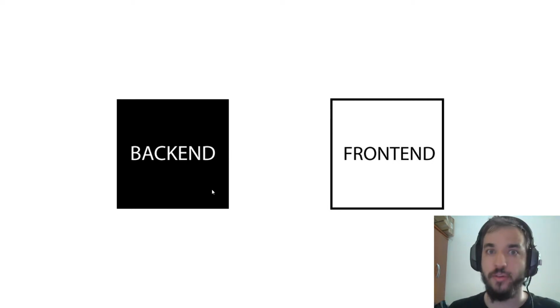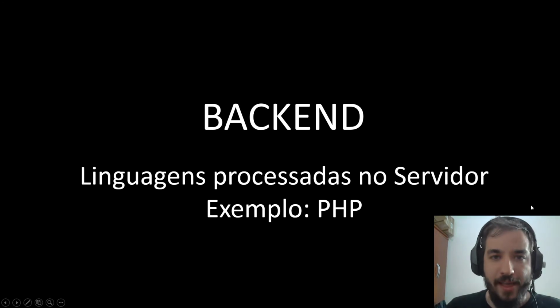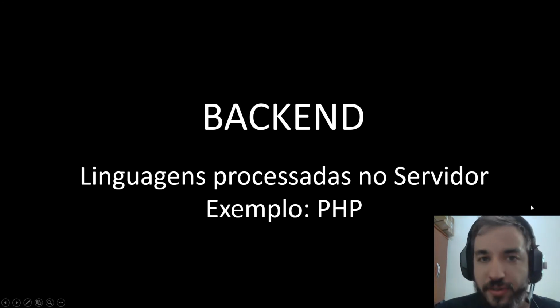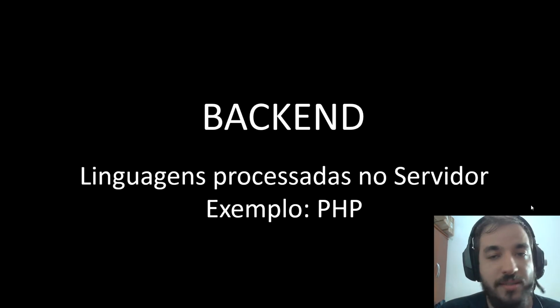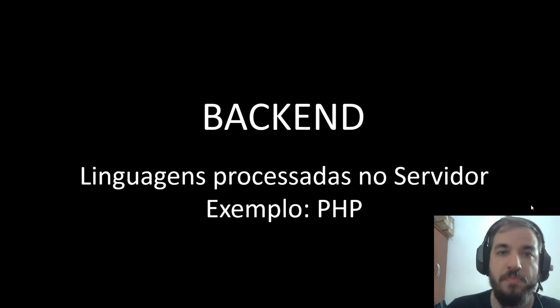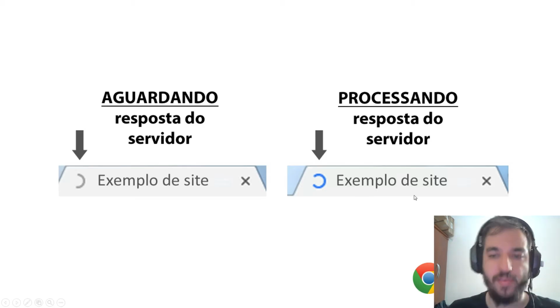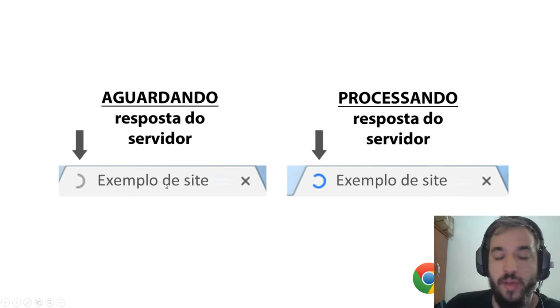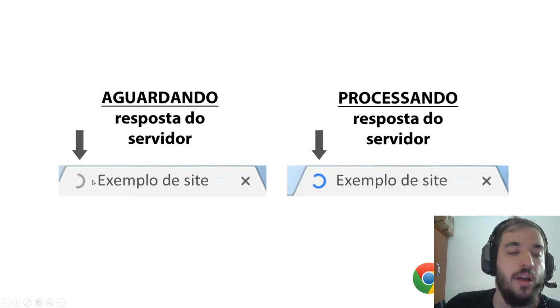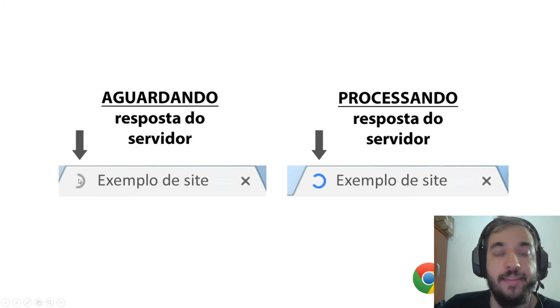Okay, let's go. So backend are languages that are processed in the server. Example, PHP. If you use Google Chrome, when you enter a website, you will see that there is this gray circle spinning to the right, which indicates that the browser is waiting for a response from the server.